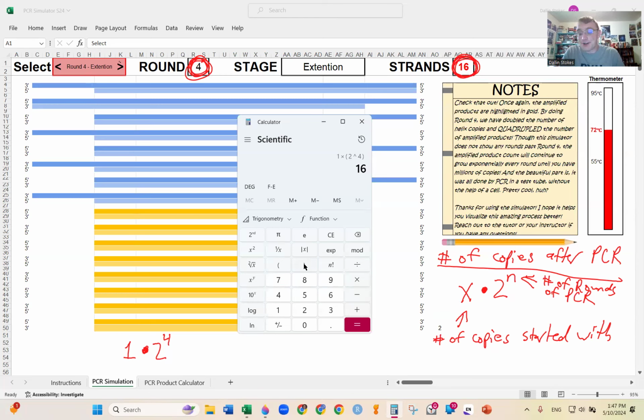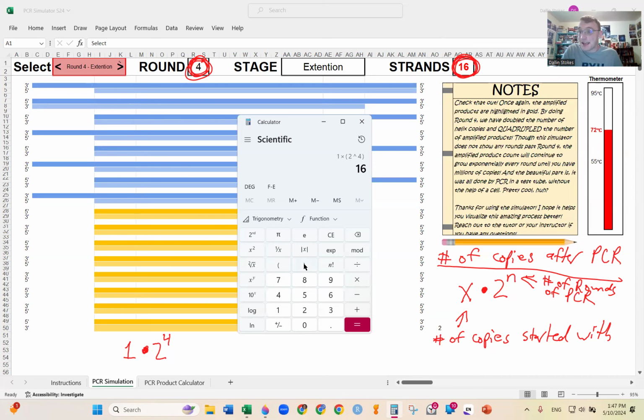Now, just to give you an idea of how crazy this can be, when I extract DNA from a tissue sample or from a saliva sample from a crime scene or something, it's not just going to have one double helix, right? There's going to be lots of DNA in there.